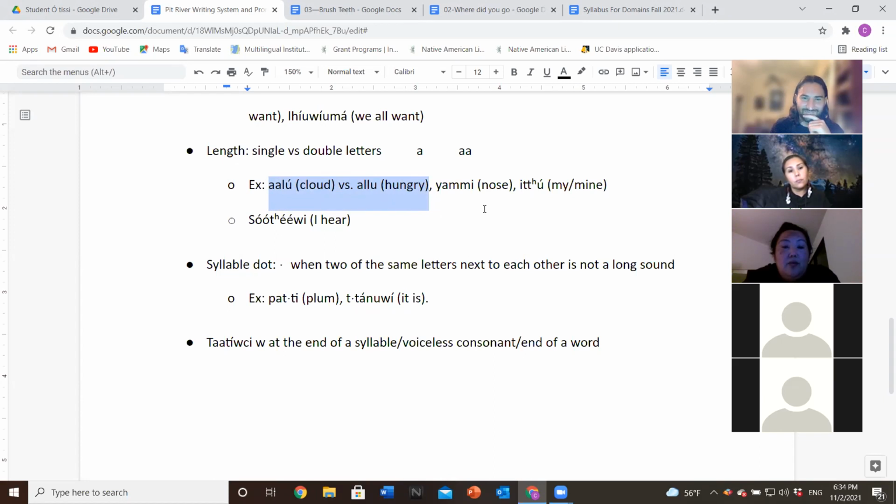On the second one, hold the L just a little bit longer. Alu. Tus, tus e.